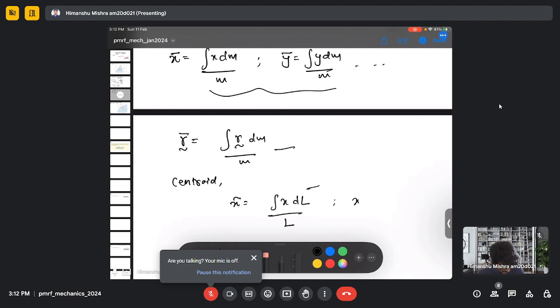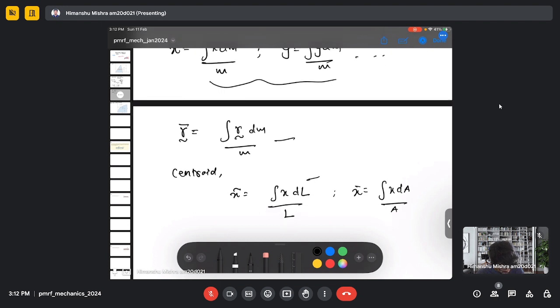It can be given in terms of area as well, and so on, or in terms of volume. So this is the centroid.